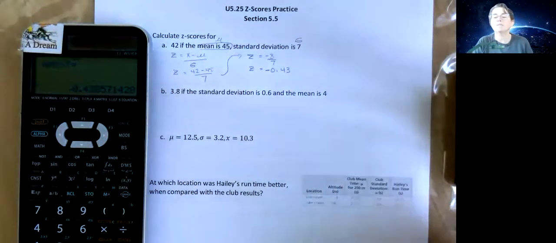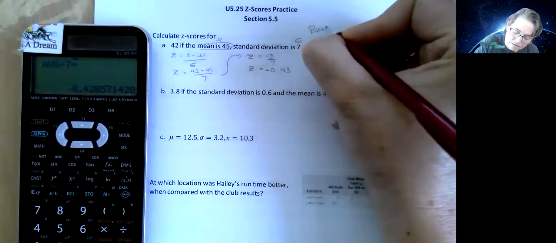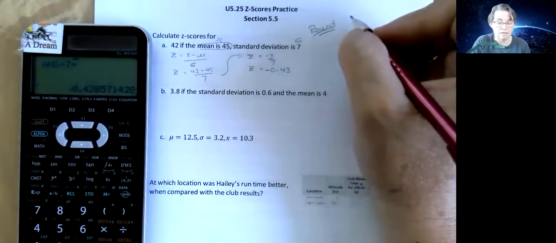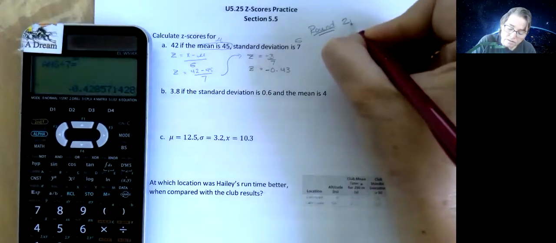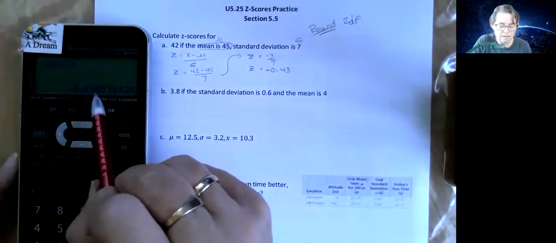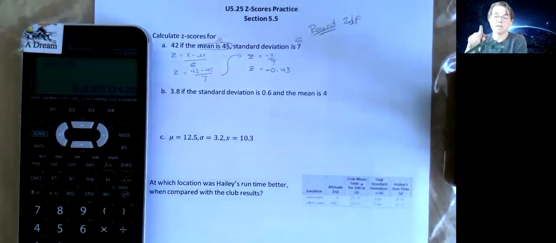I didn't tell you how many decimal places to use, but let me just do that now. Round. It's really important in this section that you round to two decimal places. So it was 0.428, and the 8 makes the 2 go up by 1. And there we go.